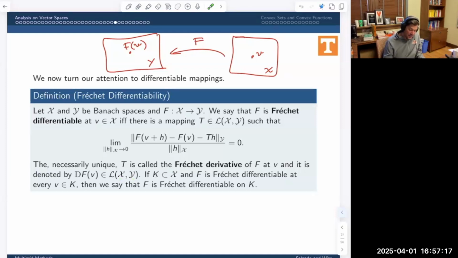Now we say if k is some subset, and k can be all of x, and f is Fréchet differentiable at every v of k, then we say f is Fréchet differentiable on all of k. Sometimes people put in there that k should be an open set. It doesn't really matter what the set looks like.